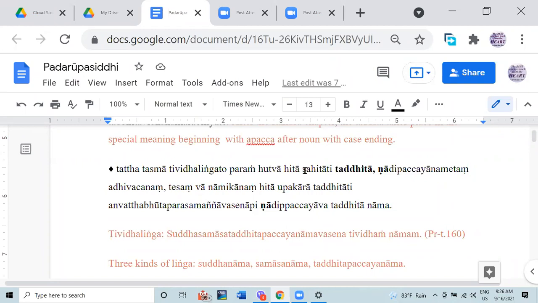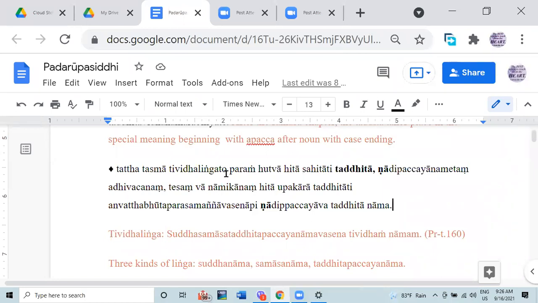Sahita is Bhovi Samasa. It refers to the suffixes beginning with na. These na suffixes are the benefit of that Taddhita word.